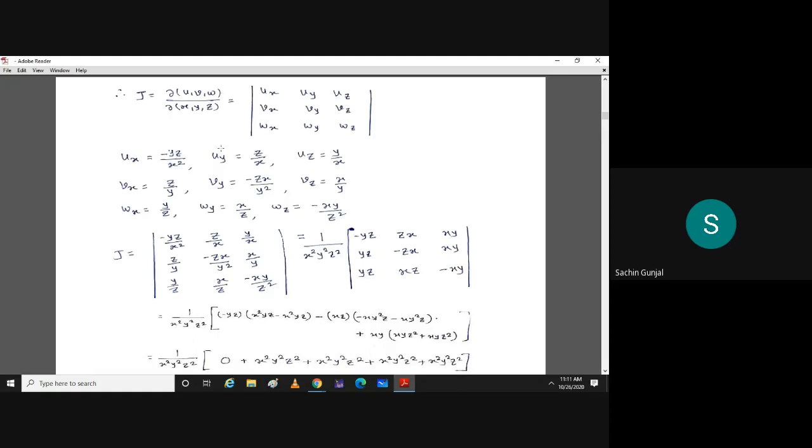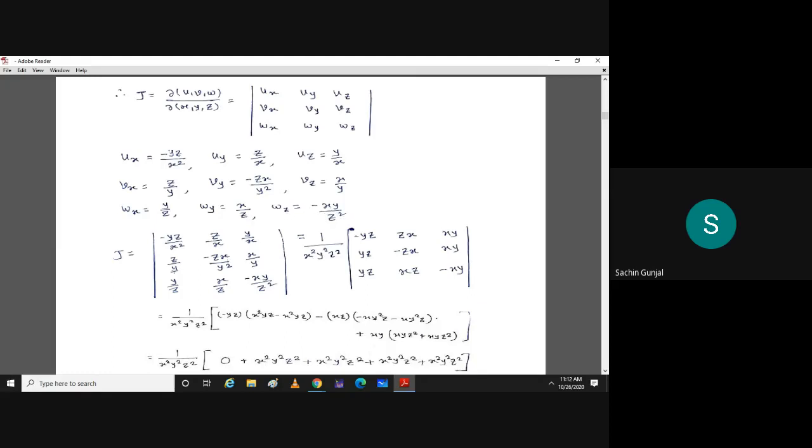Now ux is minus yz upon x square, uy is z by x, uz is y by x, vx is z upon y, vy is minus zx upon y square, and vz is x upon y. Similarly wx is y by z, wy is x by z, and wz is minus xy upon z square.